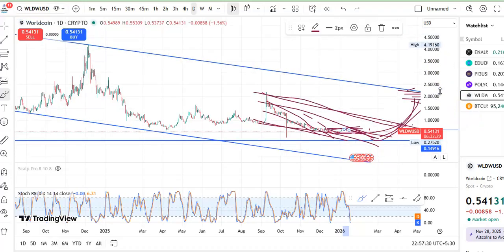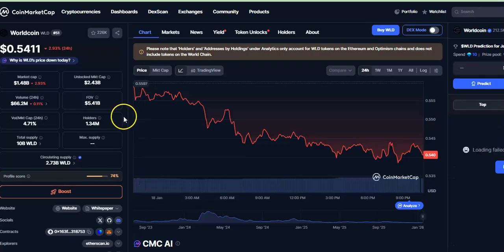Okay, so now we'll talk about other details about this cryptocurrency. So you can see the current price is around $0.5411. It is down by 2%. Rank is around 51. Around 226k users are following this cryptocurrency.